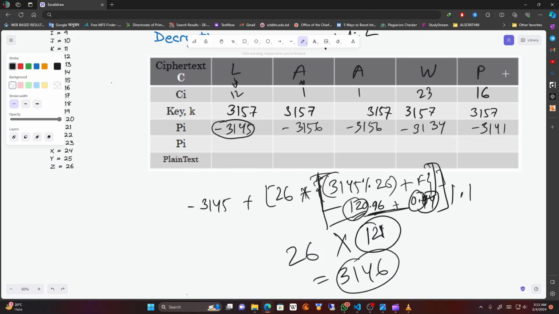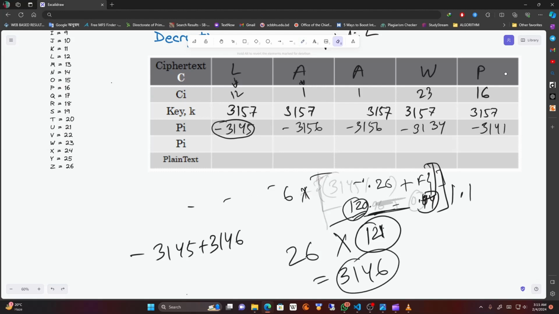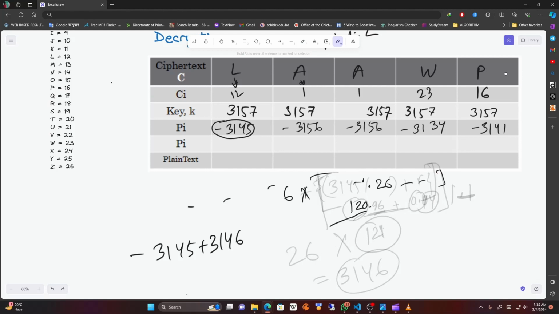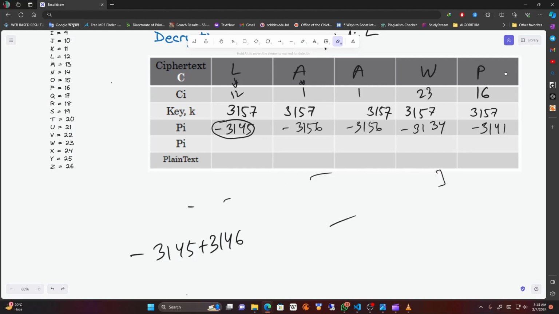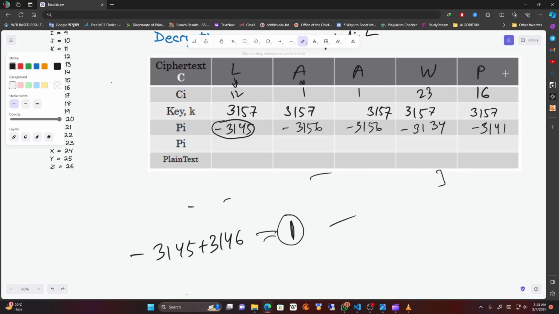Now we do 3145 plus 3146, okay, now this is our equation. If we do this, then our result will be 1, so we'll write here 1. Similarly, we will find all the values for the letters A, W and P. We'll get here 16, here 16, here 12, and here 5.